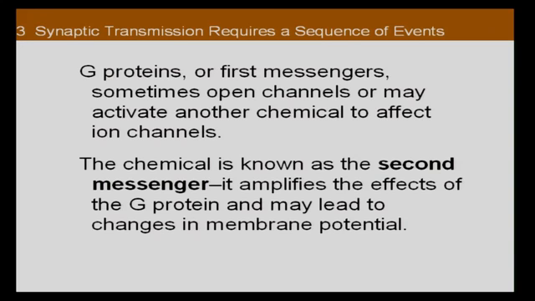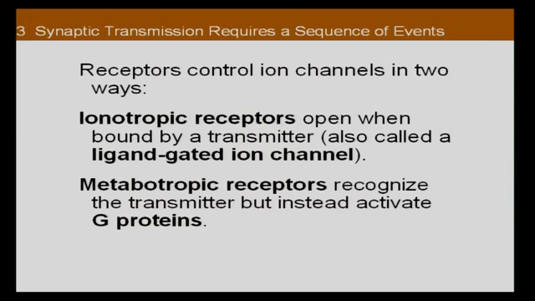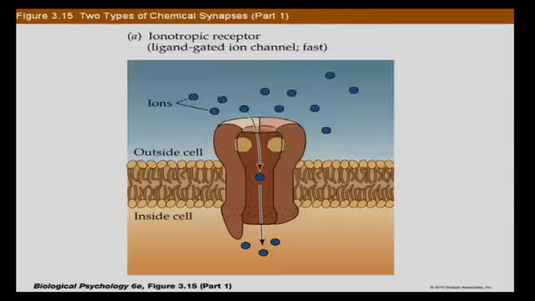G proteins are first messengers, sometimes open channels, or may activate other chemicals to affect ion channels. This chemical is known as a second messenger, and it amplifies the effects of the G protein, and may lead to changes in membrane potential. The important thing here for these metabotropic receptors is you have to understand they're much slower than the ionotropic receptors.